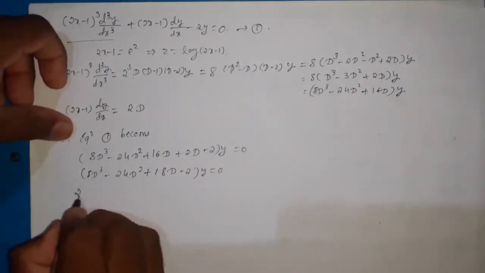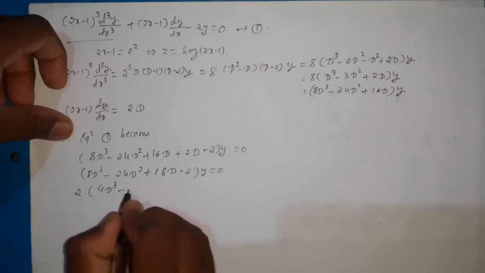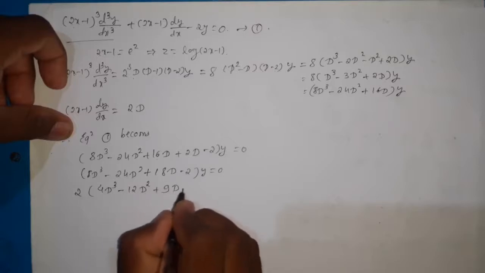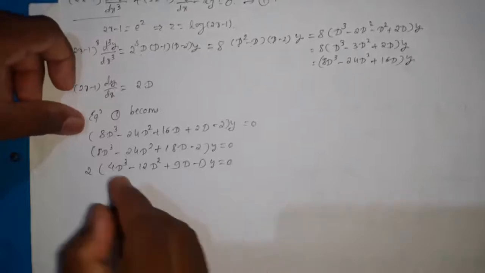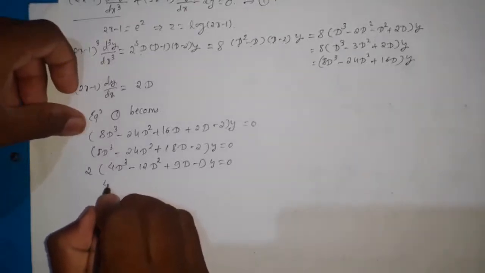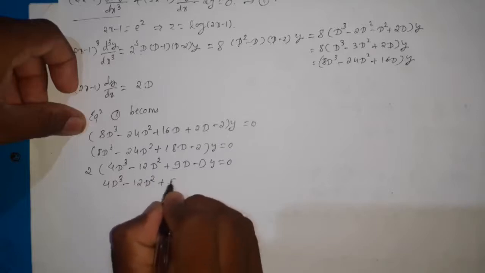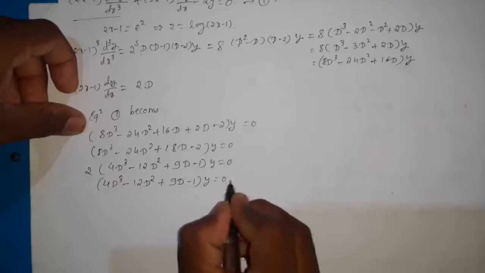Here you can take the 2 common, then remaining 4D cube minus 12D square plus 9D minus 1 into y is equal to 0. Then it is 4D cube minus 12D square plus 9D minus 1 into y equal to 0.